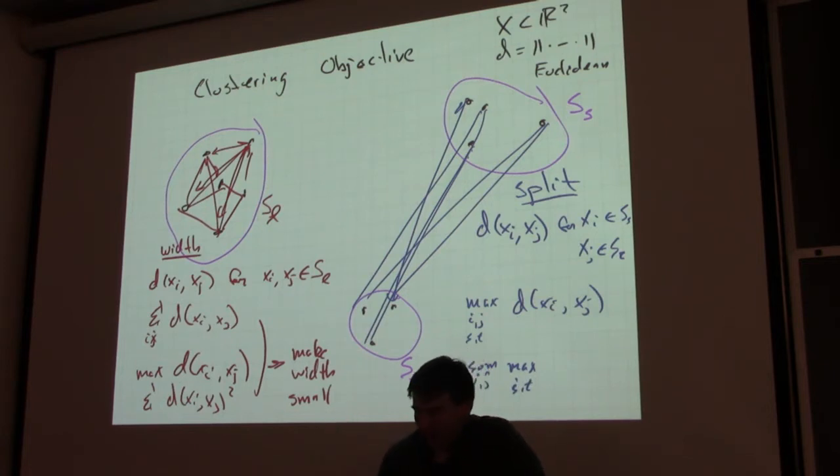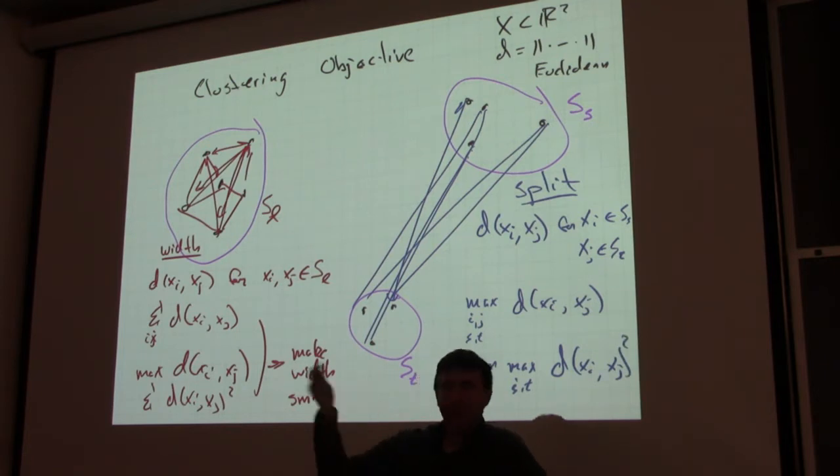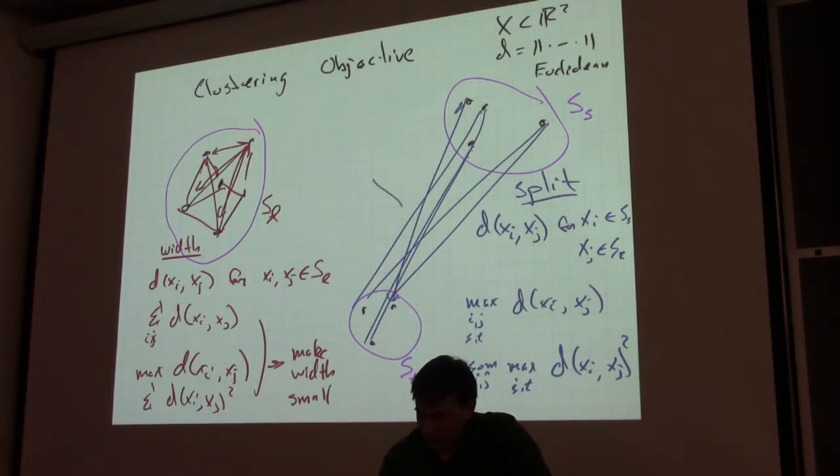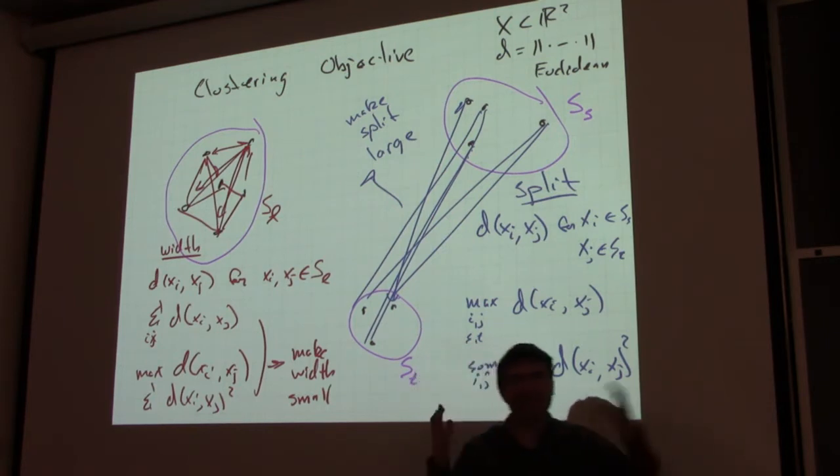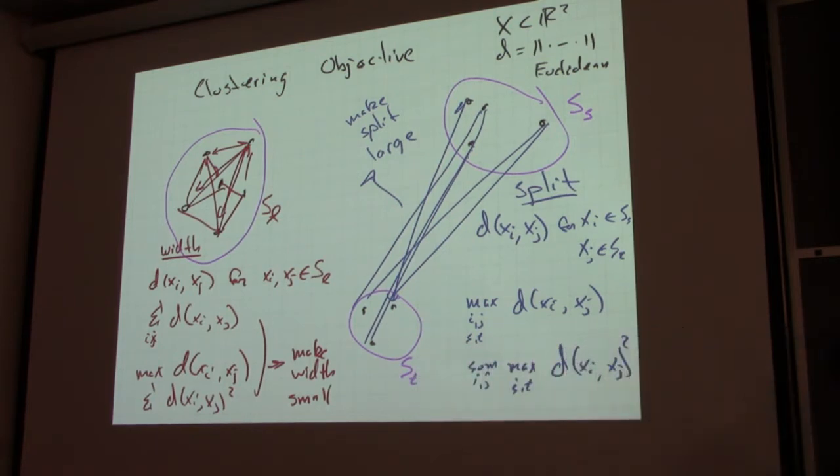I can do any sort of weird combination of these things, say of d of xi, xj squared, any combination you want, and the goal is to make the split large. So these are the two things. I want clusters to be far apart from each other in some way, and I want the clusters themselves to be very compact, with all the points close to each other.